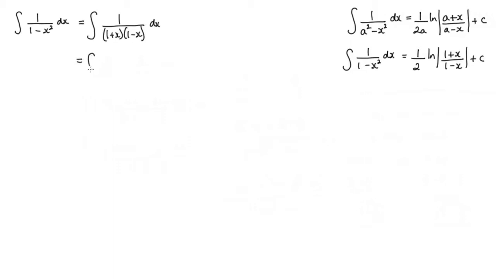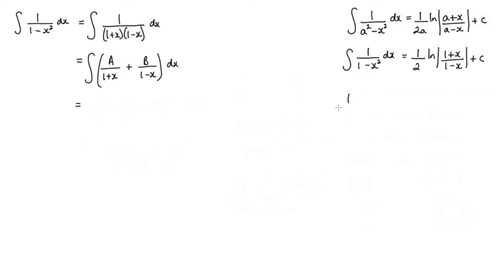So what I'll have is the integral of a over 1 plus x plus b over 1 minus x dx, and some brackets around here. Clearly I don't know yet what a and b are. But I can compare the left-hand side with the right-hand side down here.